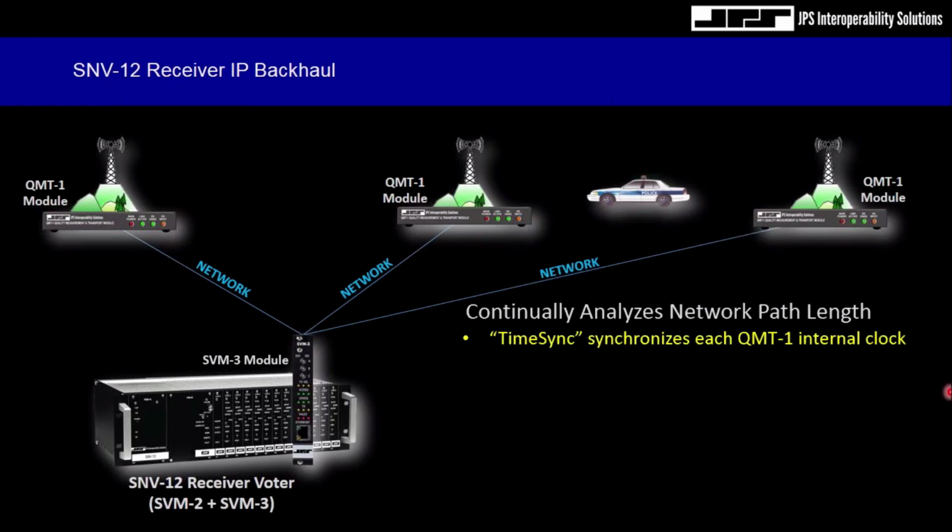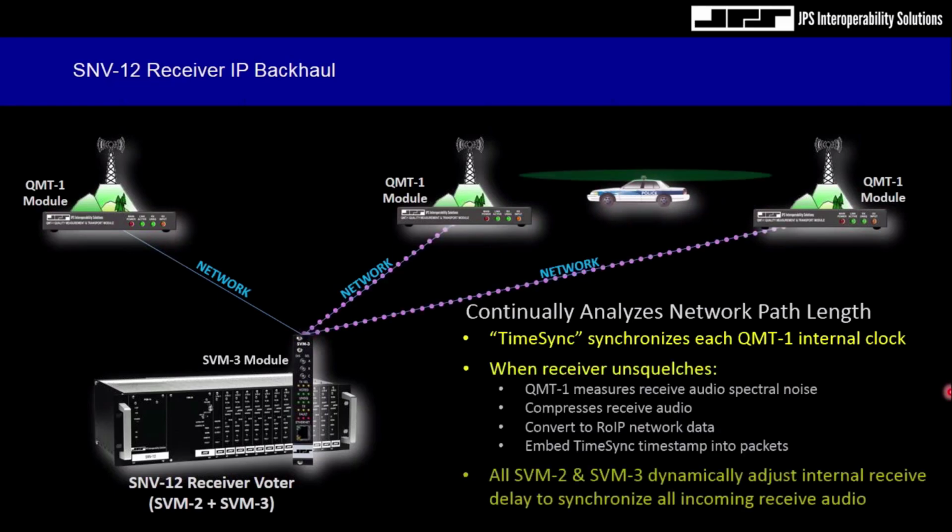When the site fully quiets, a couple of processes begin occurring. The first thing we do is begin the measurement of spectral noise at the QMT module, and then we place that quality information into the ROIP packet, and we deliver the ROIP data to the parent SVM3 module, which we then hopefully vote and deliver to the voting system.